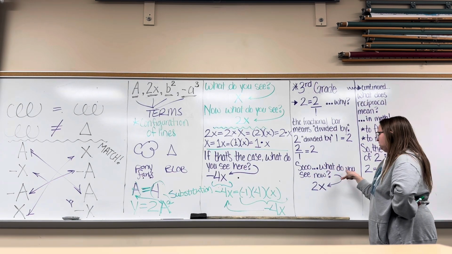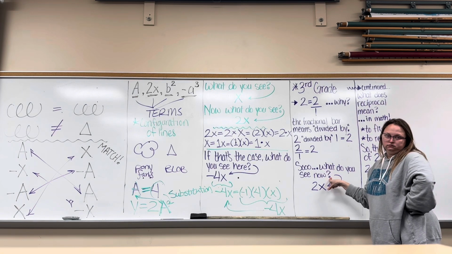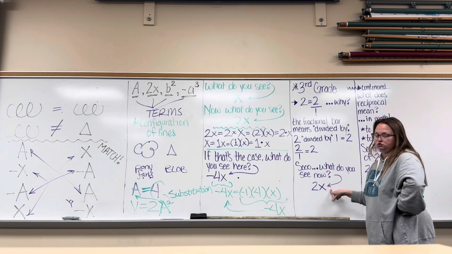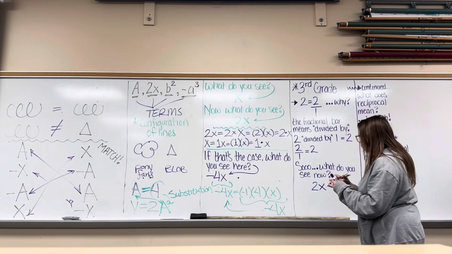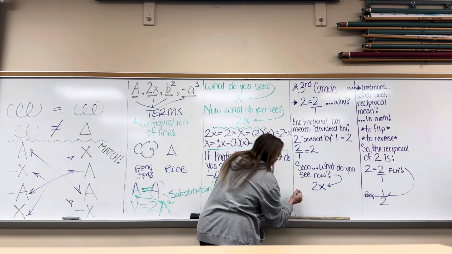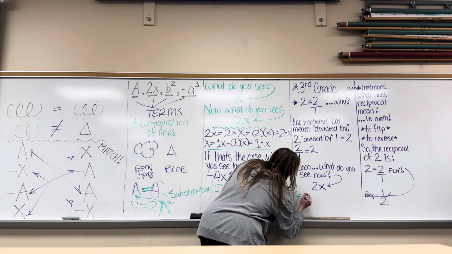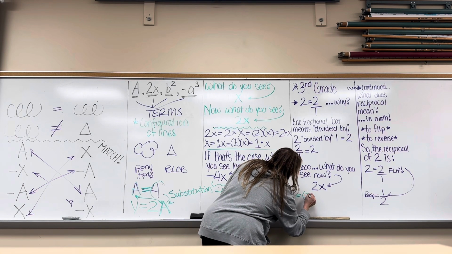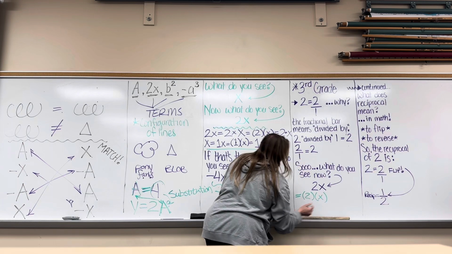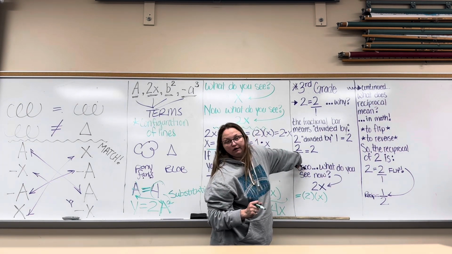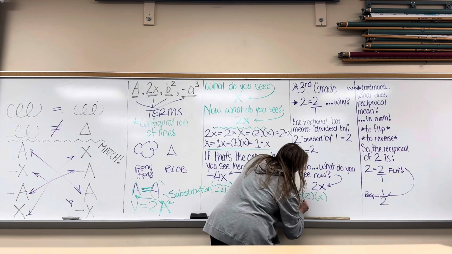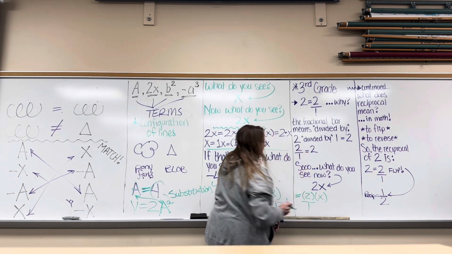So, what do you see now? 2x. So you know that 2x is going to equal 2 times x, that 2, you know, is 2 over 1, right? So 2 over 1 times x.